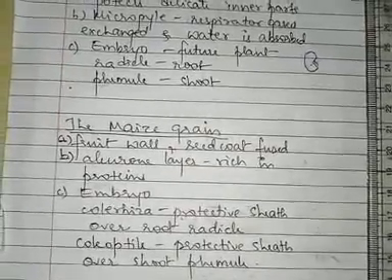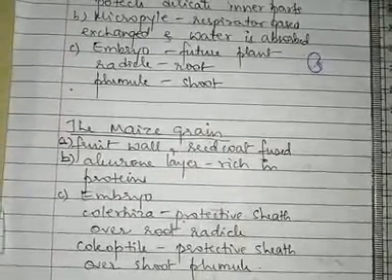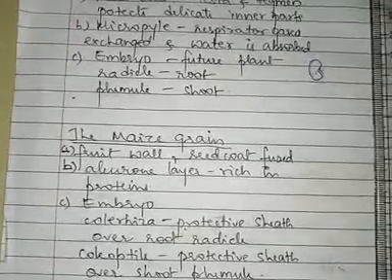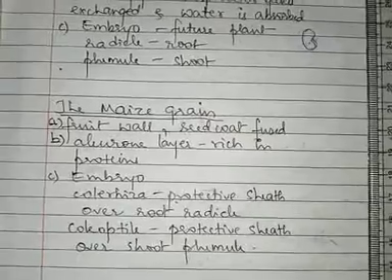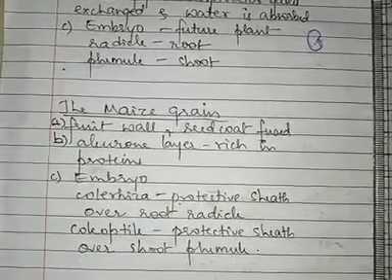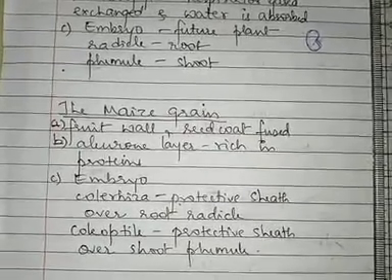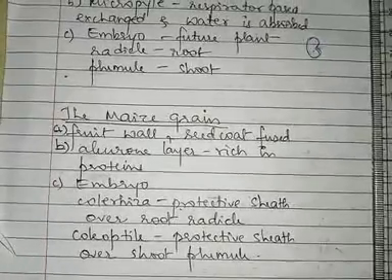Now, when we talk about maize grain, you will find that on one side of the maize grain there is a light oval colored area present. That area marks the location of the embryo.